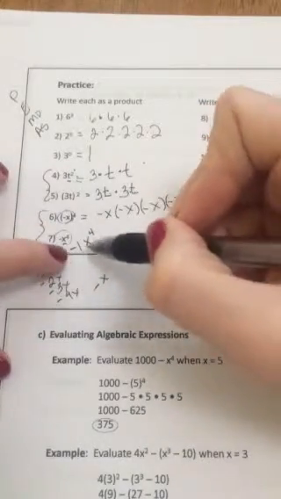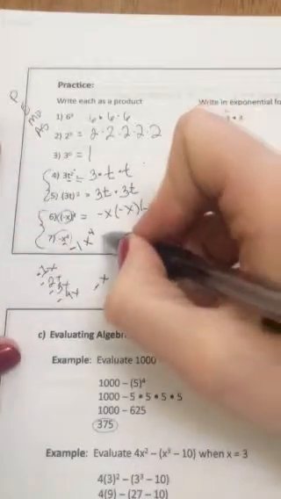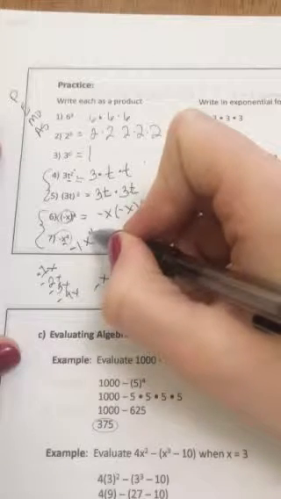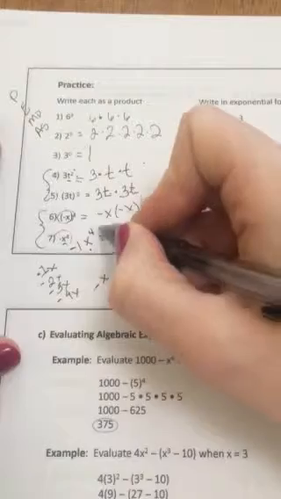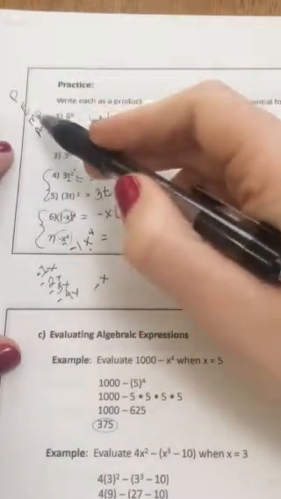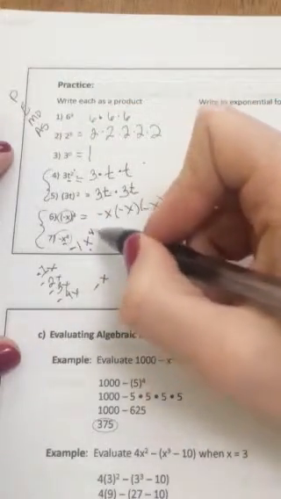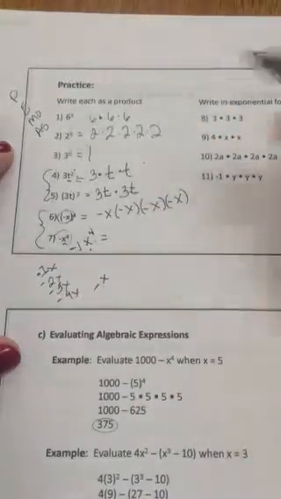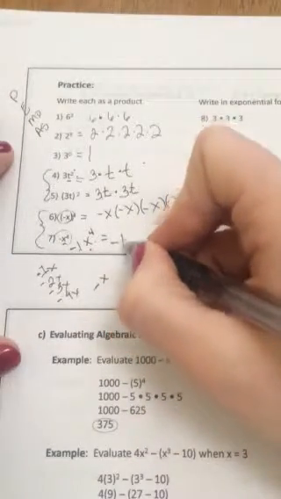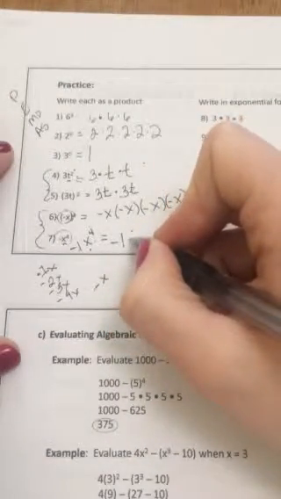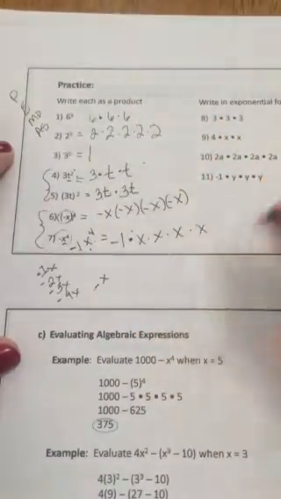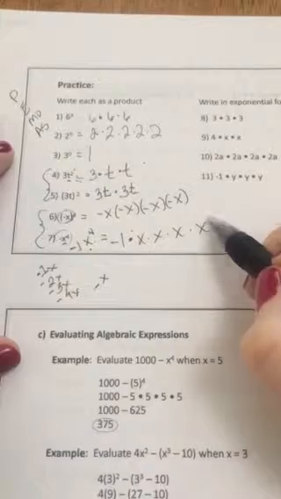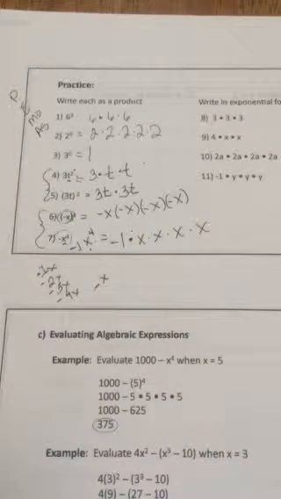I have multiplication, I have exponents. So really what's being raised to the 4th power is only the x. And then after you do that, right, exponents first before multiplication, after you raise the x to the 4th, then you're multiplying it by negative 1. So what that would look like is negative 1 times x times x times x times x. 4 x's are being multiplied together, multiplied by negative 1.